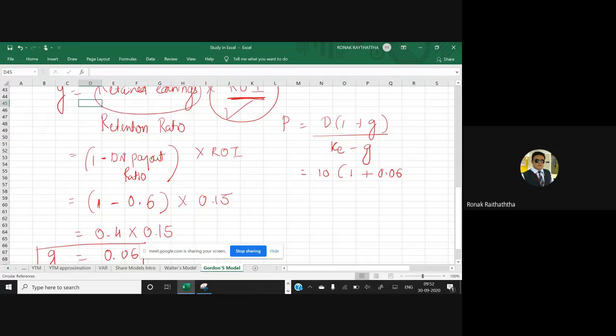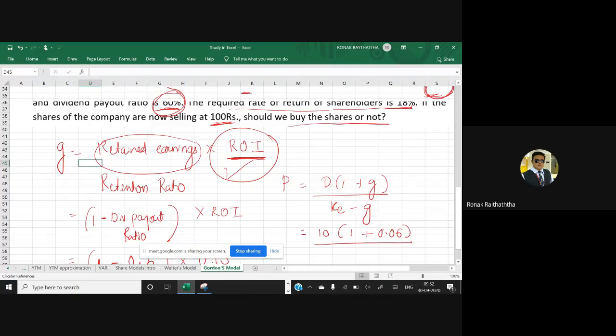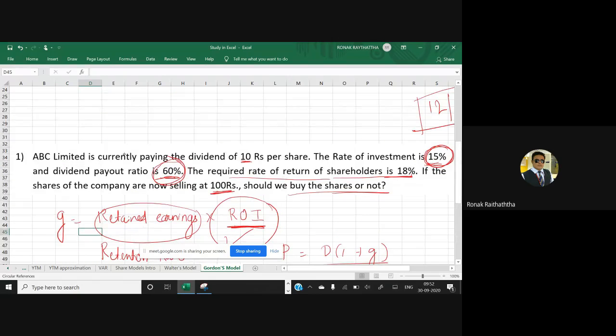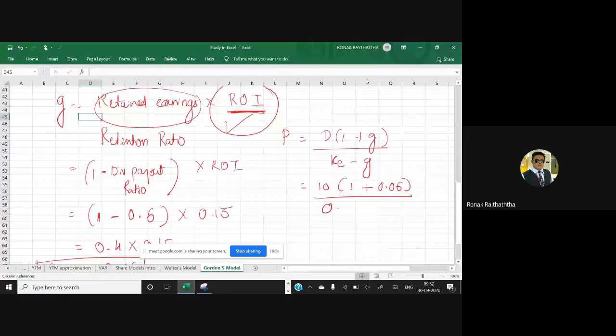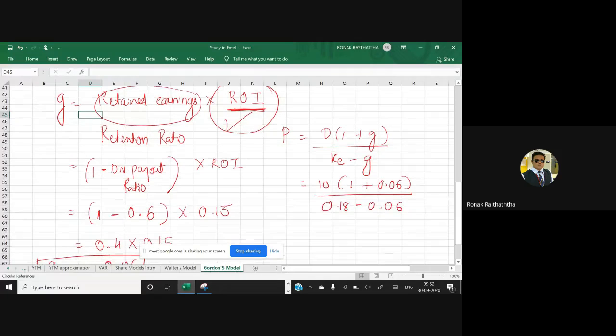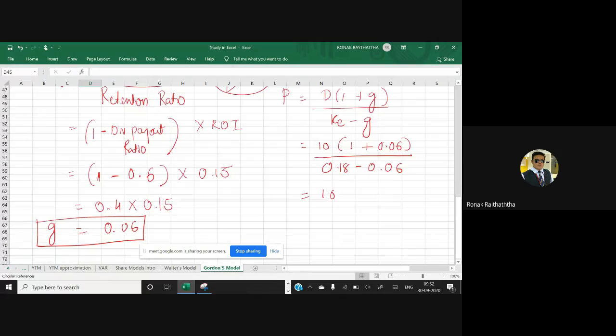I'm not writing it in percentage as of now to avoid calculation mistakes. KE stands for the cost of equity. The expected rate of return of the shareholders is 18%, which is the cost of equity. So I'm writing 0.18 minus 0.06. Let's solve the numerator: 10 multiplied by 1.06, and in the denominator we'll have 0.12. Can someone give me the answer of this?